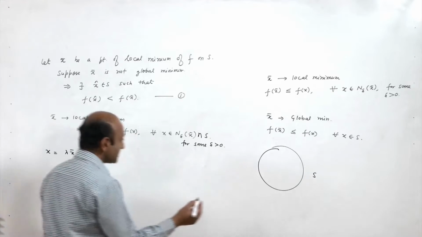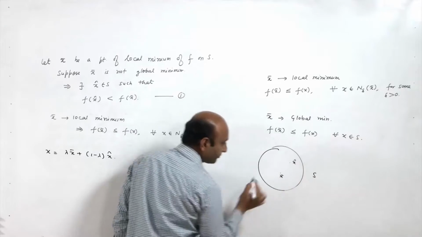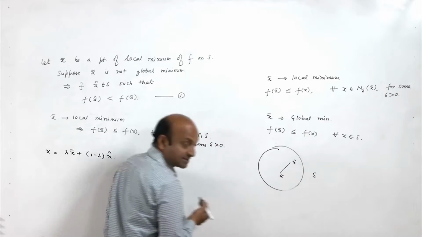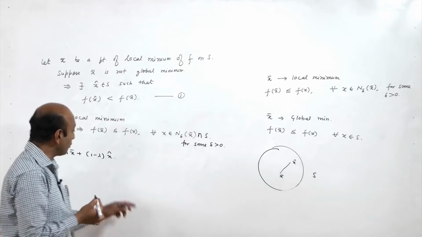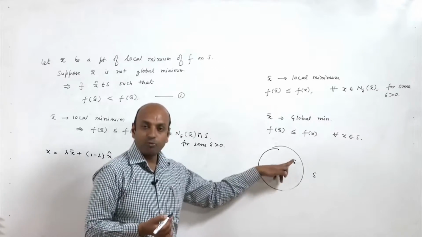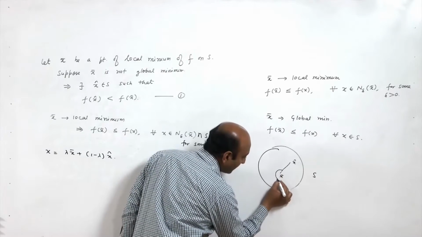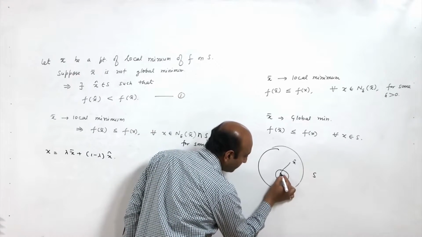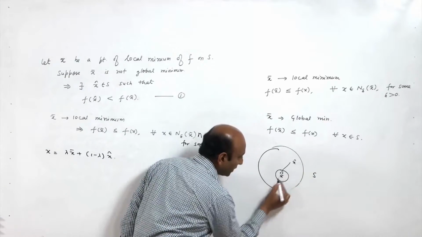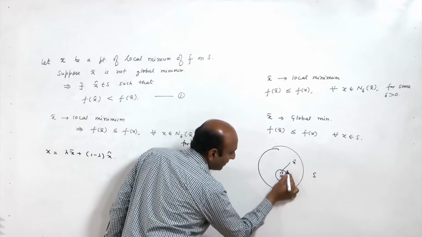This is some x bar in S, and this is some x cap in S, and these are x. You vary lambda, you will get different x. For lambda equal to half, you will get a midpoint. For lambda equal to 1 by 3, you will get another point in between x bar and x cap. Now, there is some delta neighborhood of x bar of radius delta.